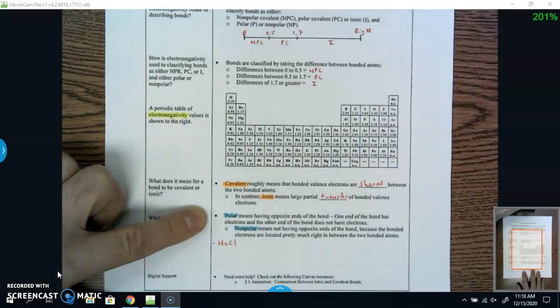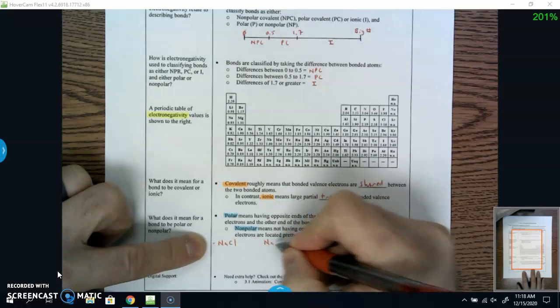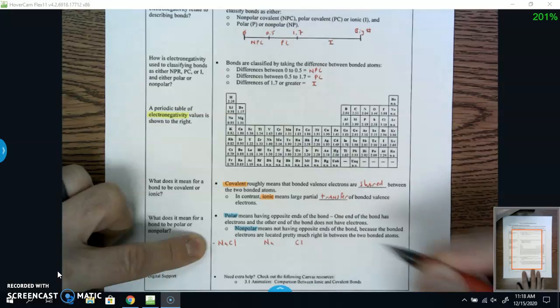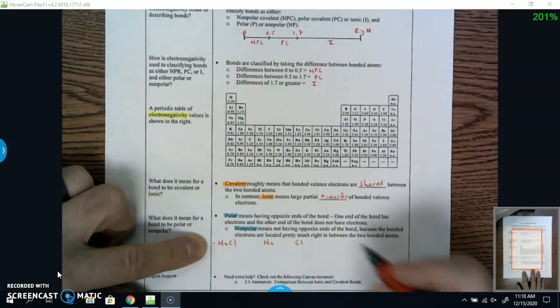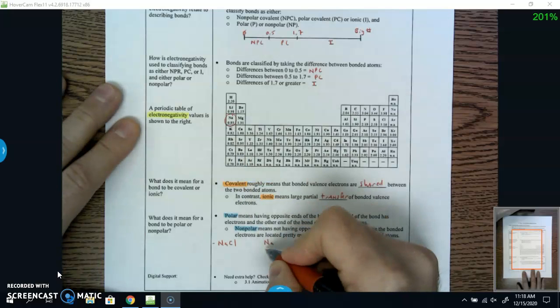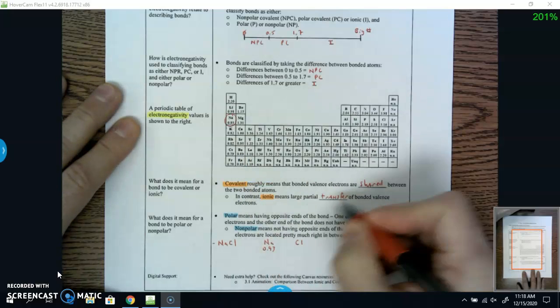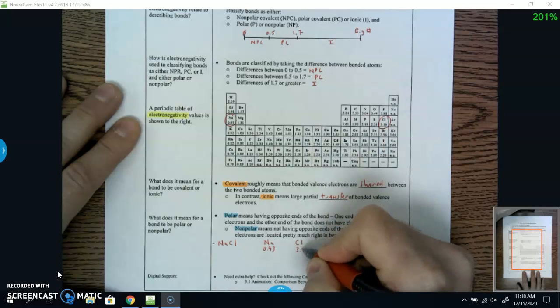NaCl. What I'm going to do is I'm going to space the sodium and the chlorine apart from one another, and then I'm going to draw their relative location of the two bonded valence electrons. Sodium has an electronegativity of 0.93. Chlorine has an electronegativity of 3.16.